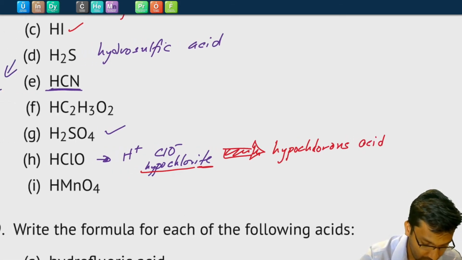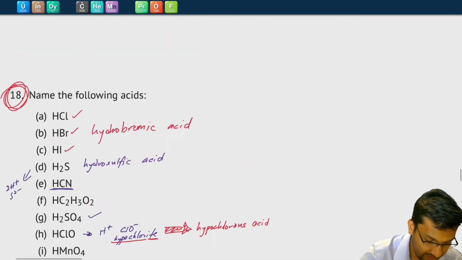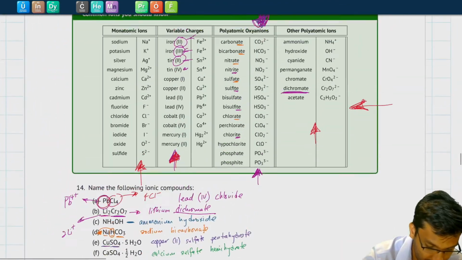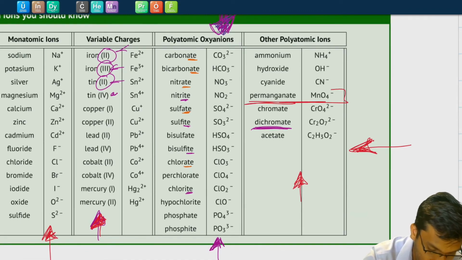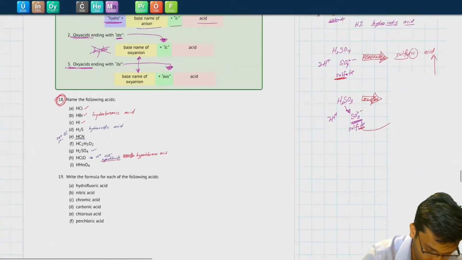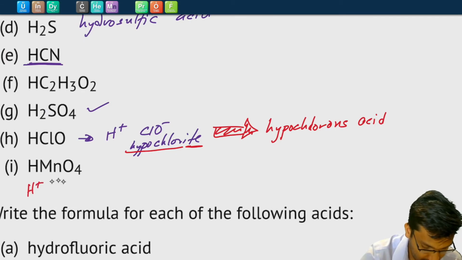Let's try one more. This is permanganate, right? From our ion table, right up here. These are some that we need to memorize. Permanganate, H+, MnO4-.